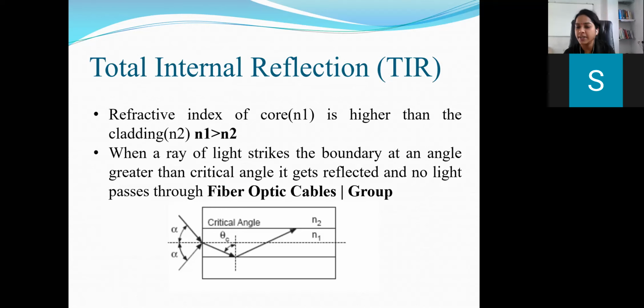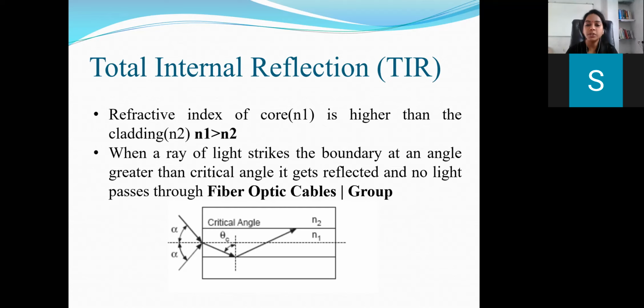It is tiny, about the dimension of your hair, and through that we transmit the light data. So the basic principle for the light traveling inside that cable is total internal reflection, and the light should not refract from the surface.